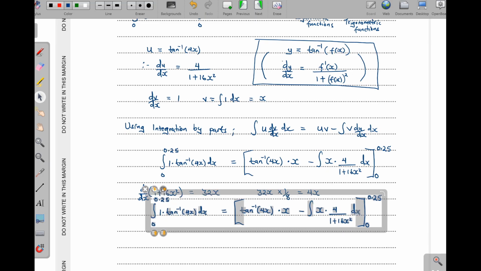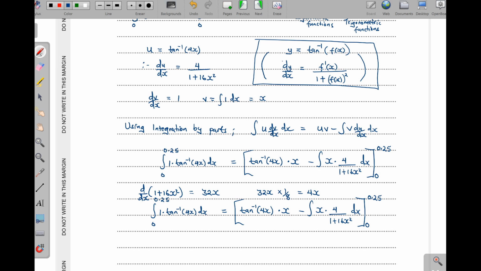I can have the integral of 1 over 8 times the derivative of 1 plus 16x squared, out of this 1 plus 16x squared, with limits 0.25 and 0.